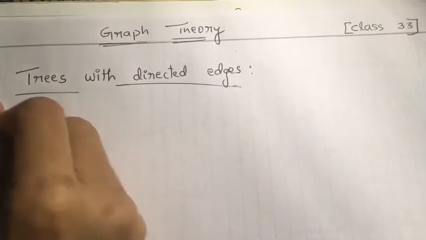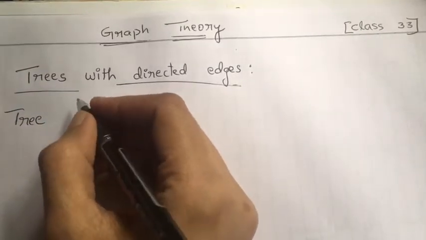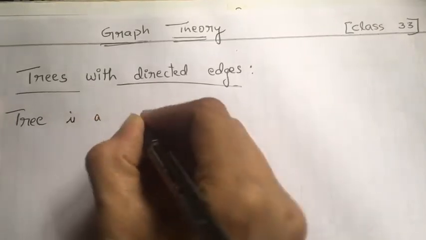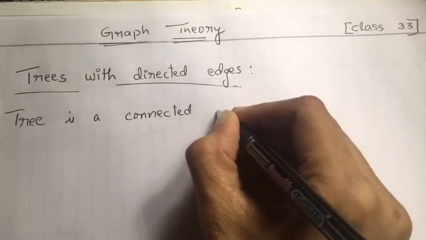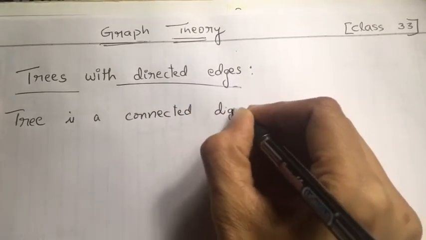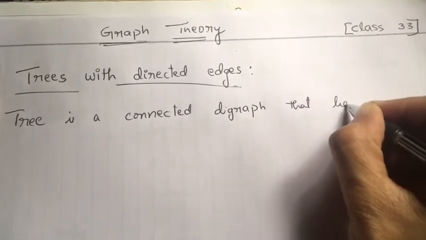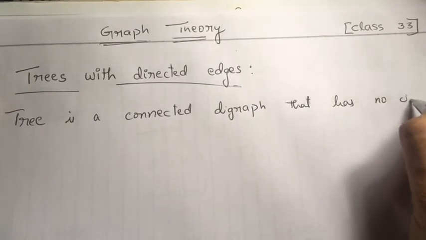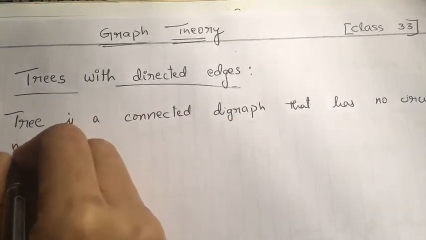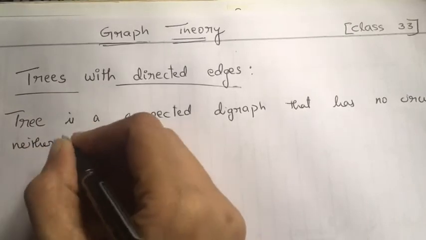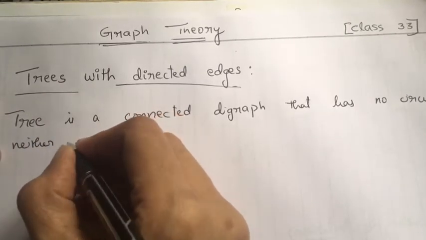So a tree in a digraph is a connected digraph that has no circuit or no cycles. No circuit, neither a directed one nor a semi-circuit.